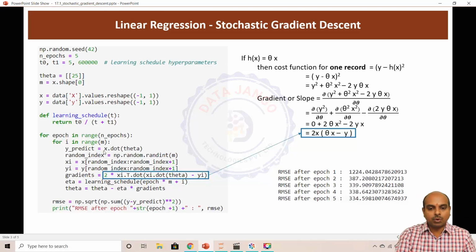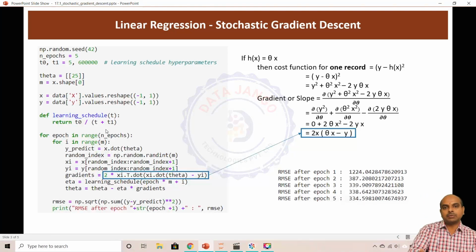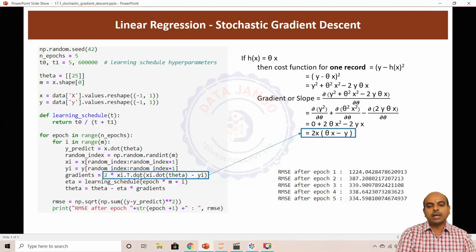But here we are using one record at a time, so we did 5 epochs. In this data set, we have 25 records in each epoch, so we are doing only 125 math manipulations. In 125 math manipulations, we got 334.